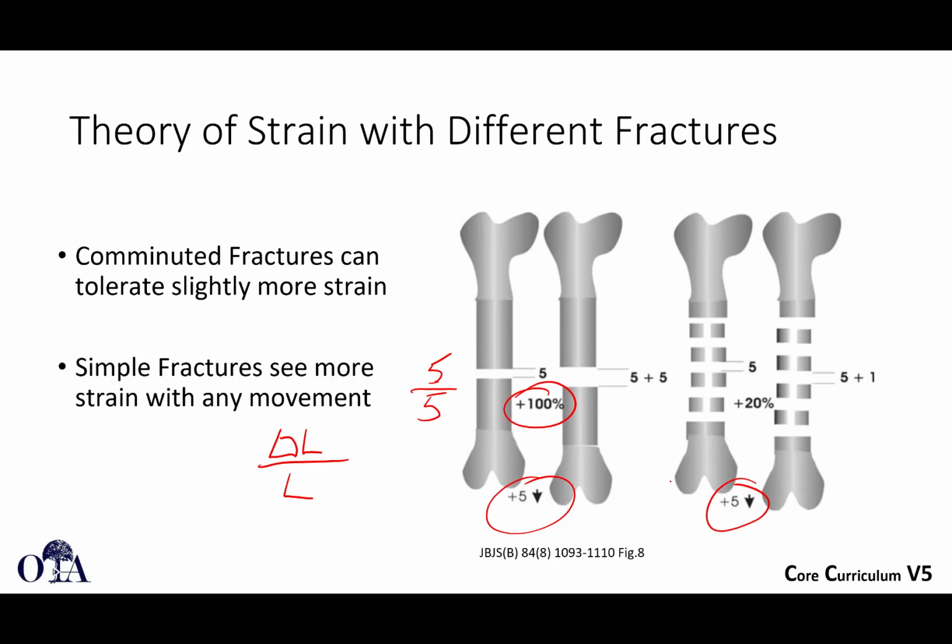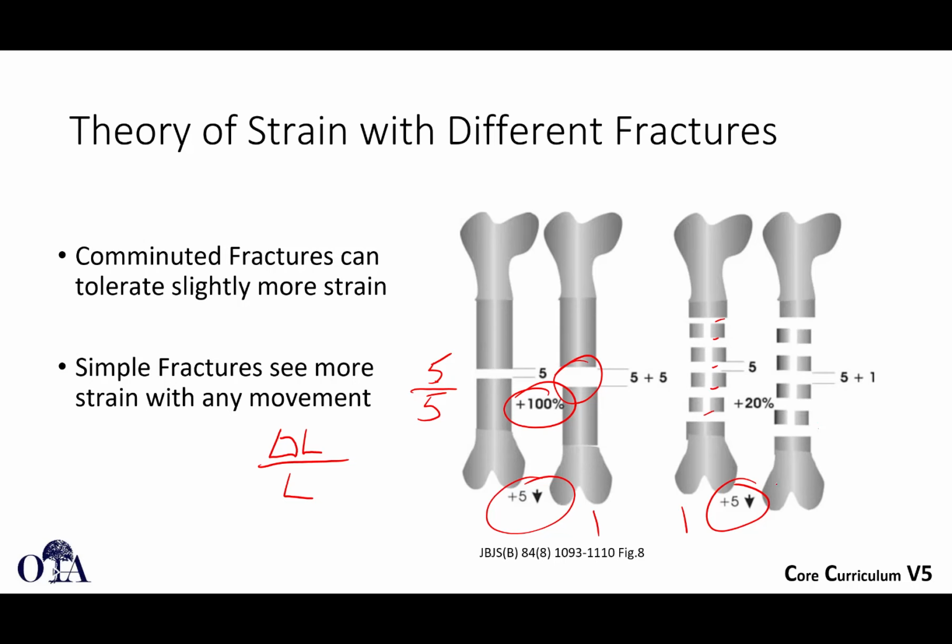So these two patients, in this case, are experiencing the same amount of deformation. But in this case here, all of the deformation is concentrated at one area, one fracture gap. Here, there are 5 fracture gaps, right? The total adds up to 5, but each gap only experiences 1 millimeter of strain.